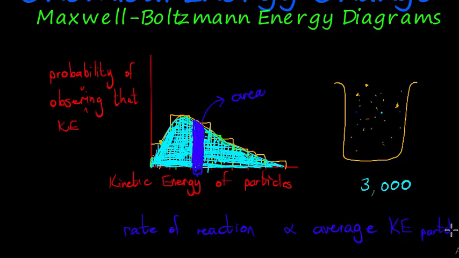If I can increase the average kinetic energy, which means on average all of the particles are moving faster, there's a higher likelihood of them colliding with one another with enough energy to start sharing electrons and breaking bonds. That's the whole point.